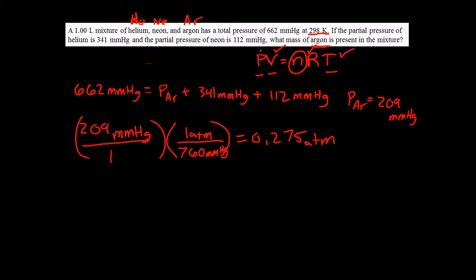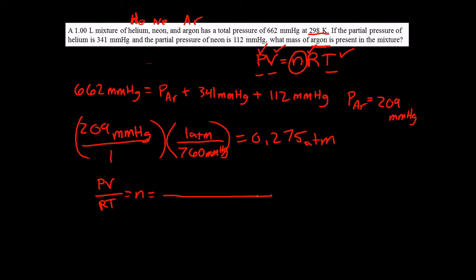All right, so now I have my pressure, my volume, and my temperature, and again I always have that constant. So I'm going to go ahead and solve for n. If I divide both sides by RT, that will give me PV over RT is equal to n.